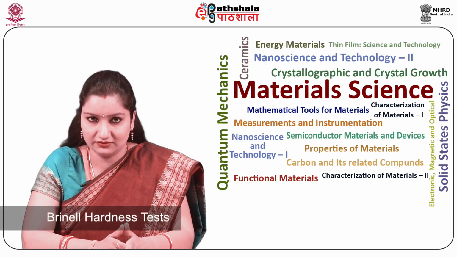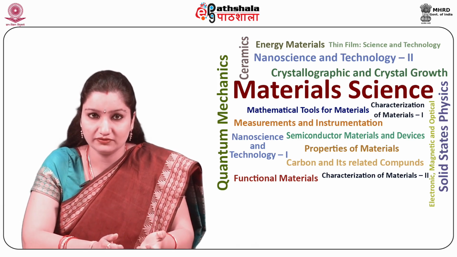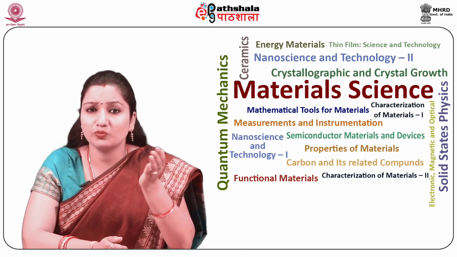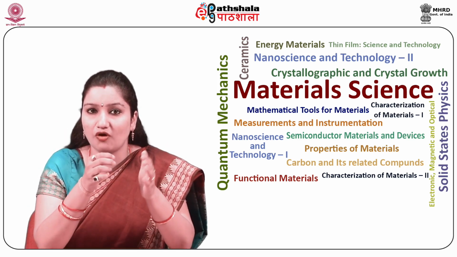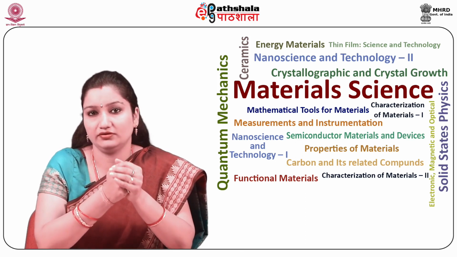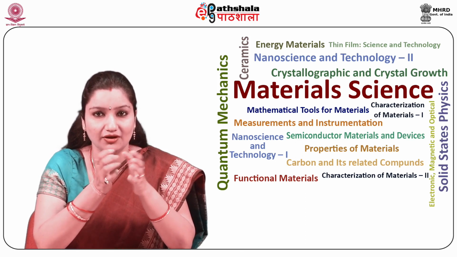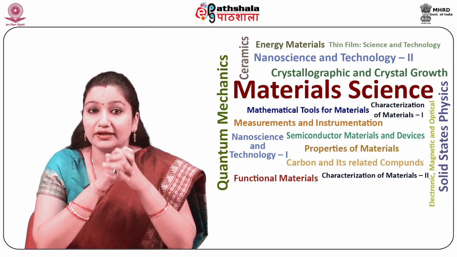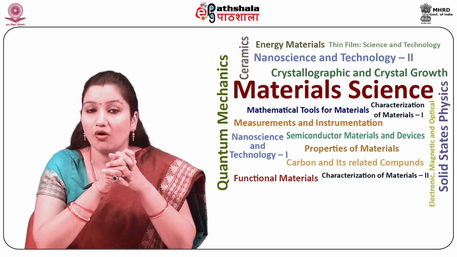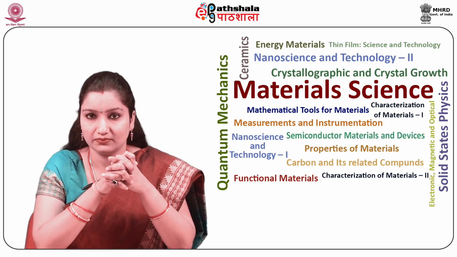Brinell hardness tests. In Brinell tests, as in Rockwell measurements, a hard spherical indenter is forced into the surface of a metal to be tested. The diameter of the hardened steel or tungsten carbide indenter is 10 mm or 0.394 inches.